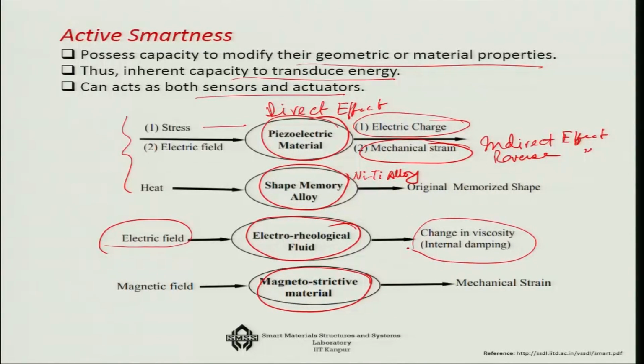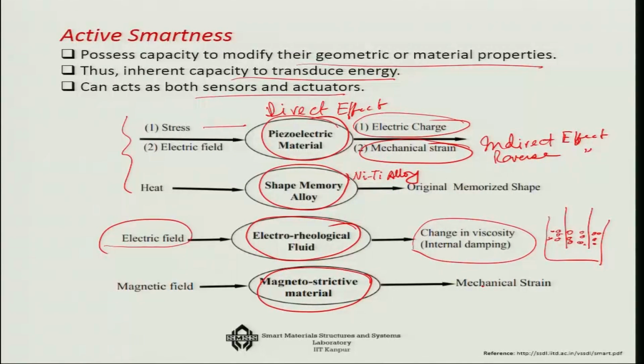What you will see is that if you apply high voltage across two electrodes, there is a bridging effect happening. All the particles will start to flock around the electrodes. That means the viscosity is going to change around these electrodes.